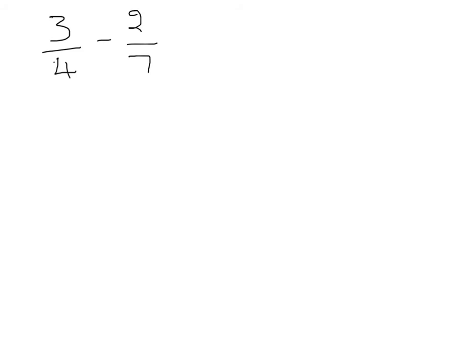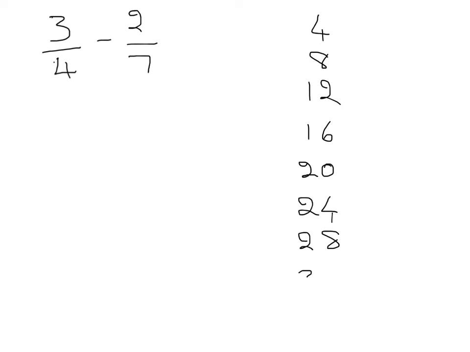Another example, 3/4 take away 2/7. Again, we need to find a bottom number that's the same. So we're going to use our 4 times table and our 7 times table. So we have 4, 8, 12, 16, 20, 24, 28, 32.